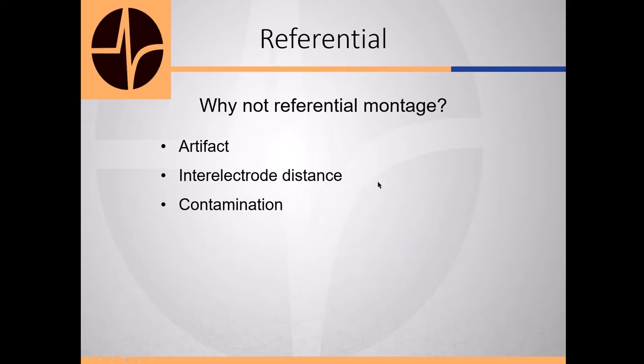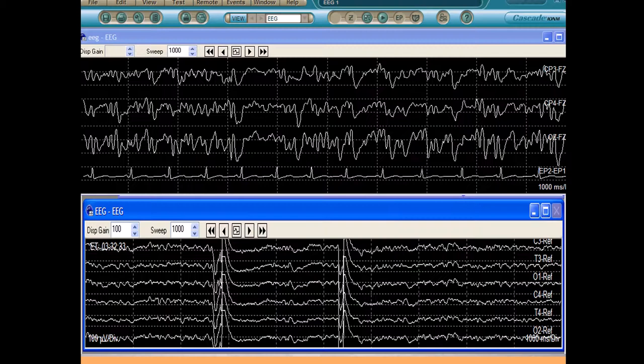So if you're recording everything to the contralateral ear, C3 is closer to A2 than T3 is. And so it can look like an amplitude asymmetry. And if you're getting EKG or just slowing in the temporal area, you're going to pick that up in the ear as well.